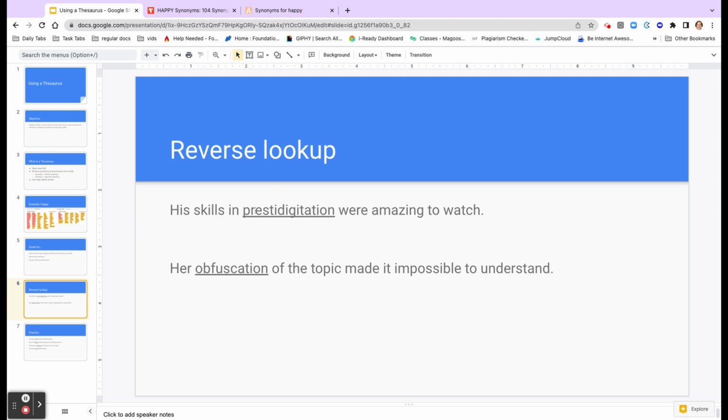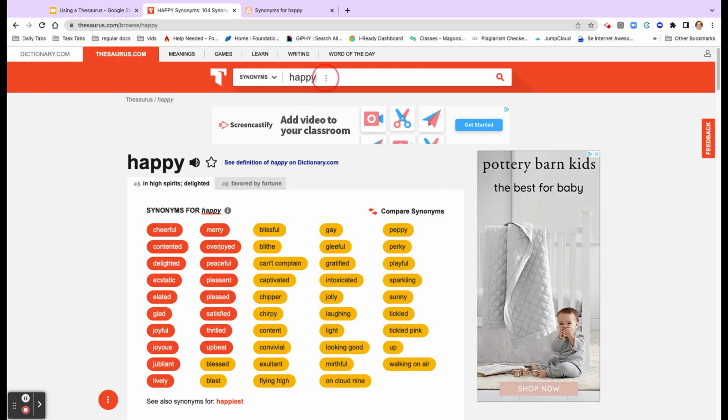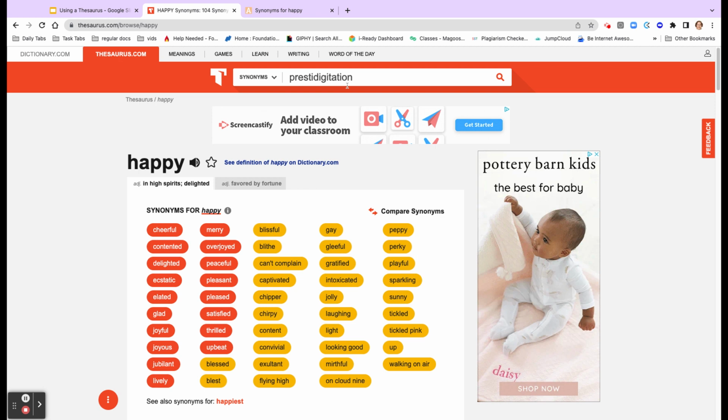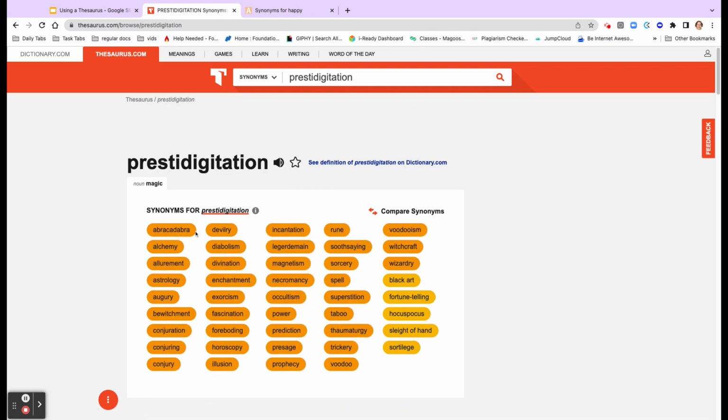His skills in prestidigitation were amazing to watch. If you're like, what the heck is prestidigitation? You want to type it in, or in this case copy paste because it's easier. If you type in prestidigitation, you'll see that, oh wow, okay, so abracadabra, alchemy, astrology, exorcism, occult power, magnetic, necromancy, prophecy, illusion.